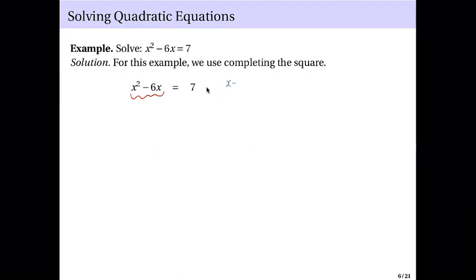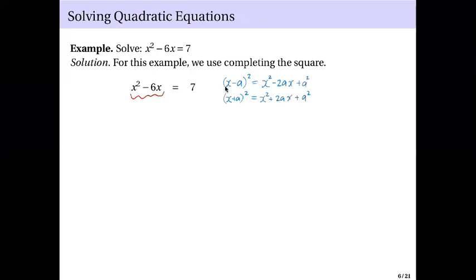Remember, if you have (x minus a) squared, this is equal to x squared minus 2ax plus a squared. Or if you have (x plus a) squared, you have x squared plus 2ax plus a squared.